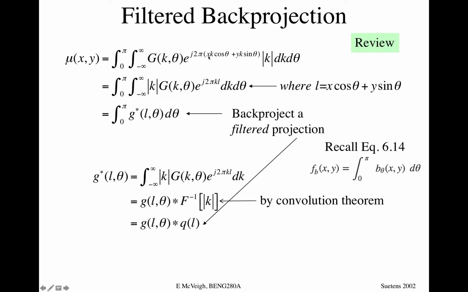Parametrizing the position x and y into θ, and the Fourier space k, which is the radial direction, and θ, which is the angle, we get this expression to perform the inverse Fourier transform of our object.